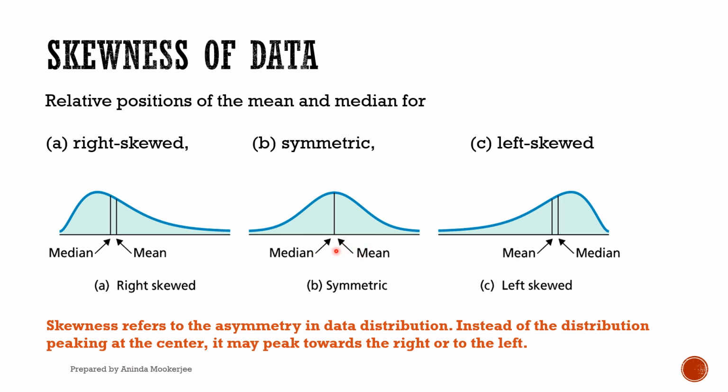In that case, 50% of the data values are going to be concentrated on the left-hand side of the center point, and 50% are going to be to the right of the center point. Again, the mean and the median would be located right at the center. They are the same value, and there is an equal distribution of values on either side of the center point.